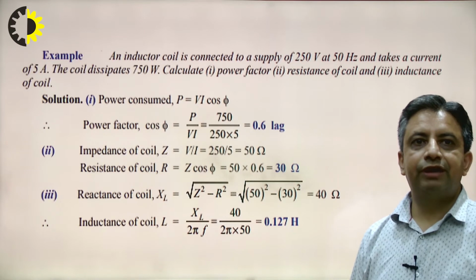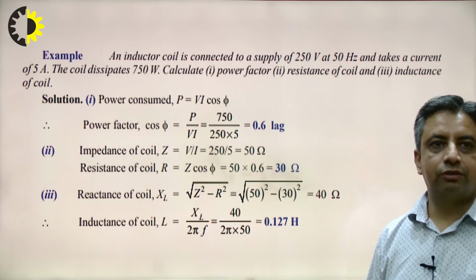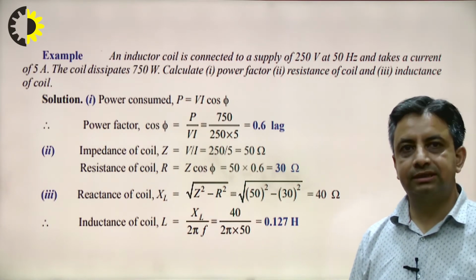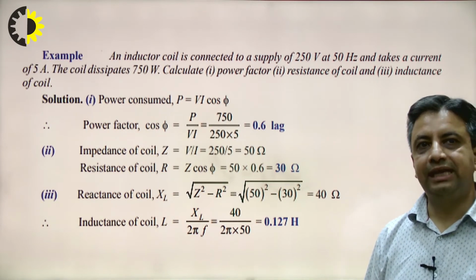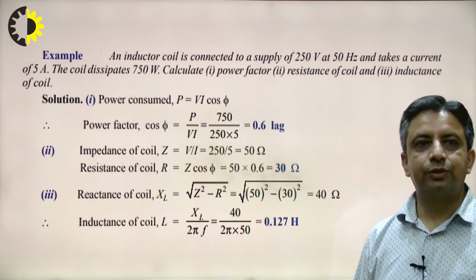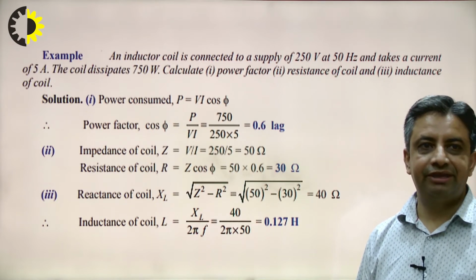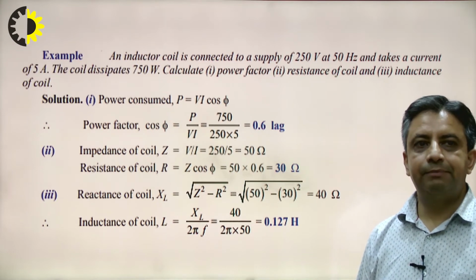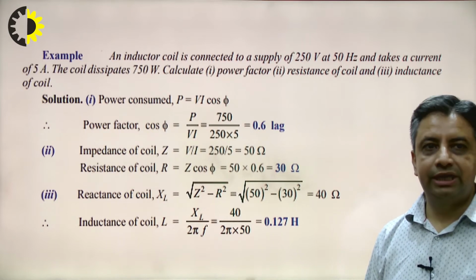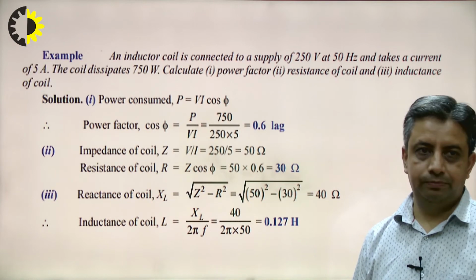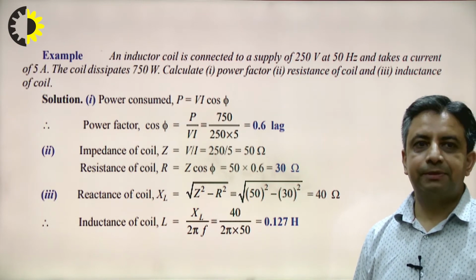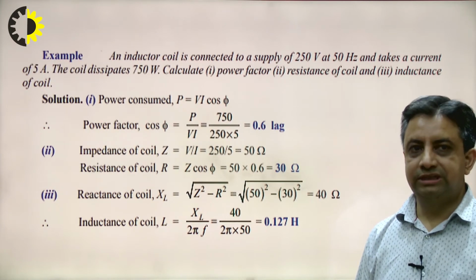Next thing, we have to find out the resistance and inductance of the coil. Before finding out the resistance and inductance of the coil, first we should know how much is the impedance of the coil. As we have derived earlier, impedance is equal to voltage divided by current. So it comes out to be equal to 50 ohm. Now as per the impedance triangle, R is equal to Z cos phi.